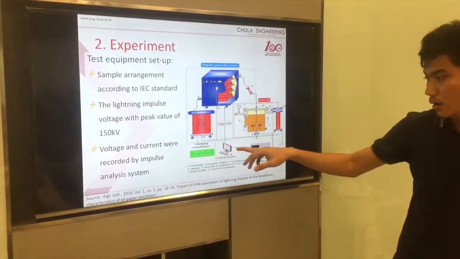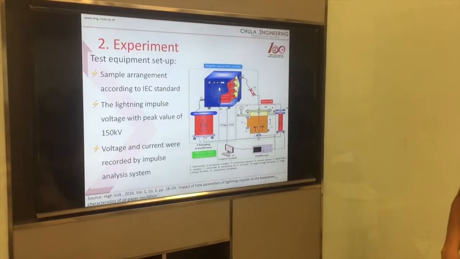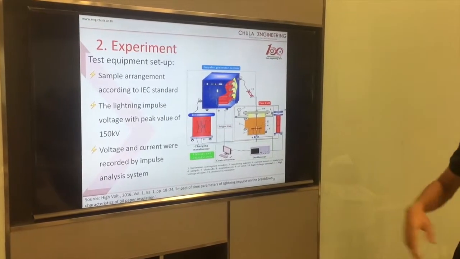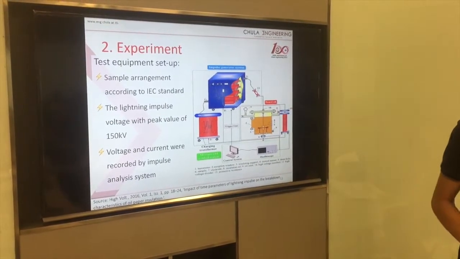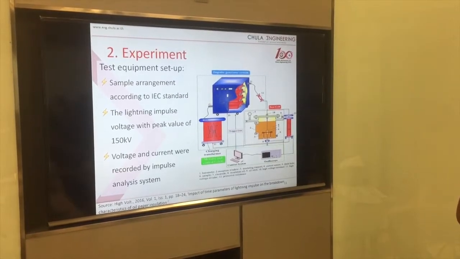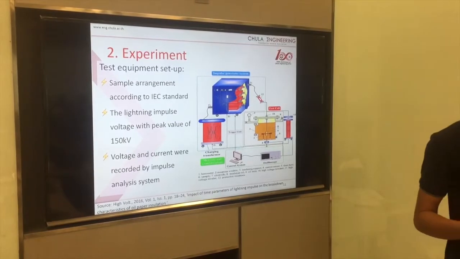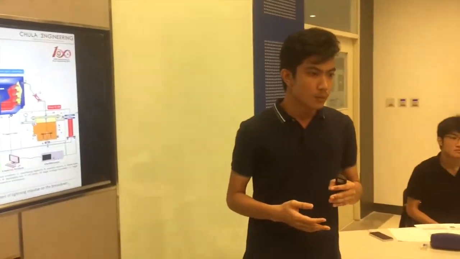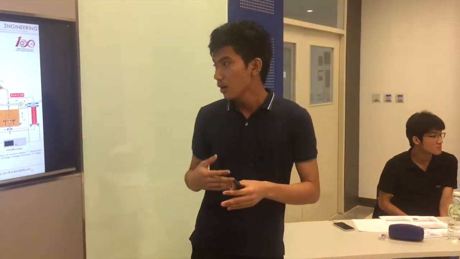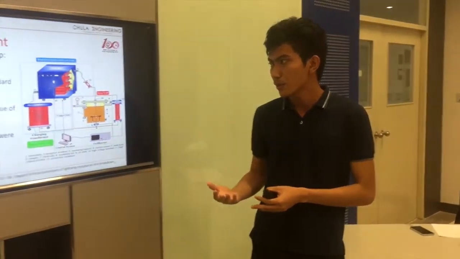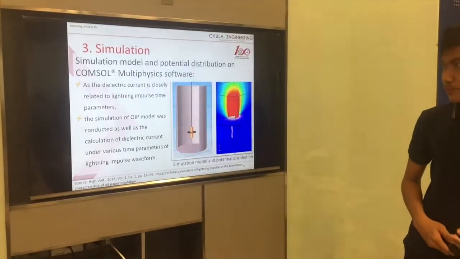Here is the measurement and control system. And the important one is the test cell or the sample. The test sample is created according to the IEC standard, so that it has the same properties as the real one.